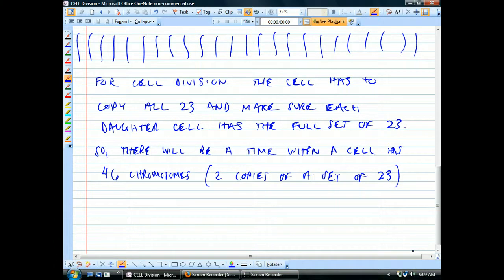Now, by the way, all these strands, they're not the same, right? One of those strands of DNA up there might have the gene for eye color on it, and another one might have the gene for hair color, and another one might have the gene that makes your nose, and another one might have the gene that makes a proton-pumping ATPase enzyme.